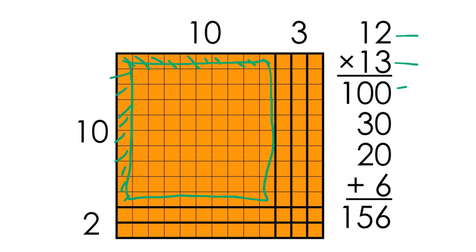And then you have the 3, so that's 3 across times 10, that's your 30. And then you multiply 2 times 10, and that equals what? 20, that's right. Okay, so 3 times 2 is 6. And then again, at this point, what are you going to do? Okay, we're going to add them together. So when you add them together, you get your product of 156.